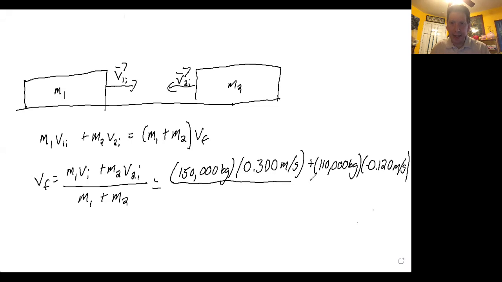And you're dividing that by 260,000 kilograms, the total mass, M1 plus M2.